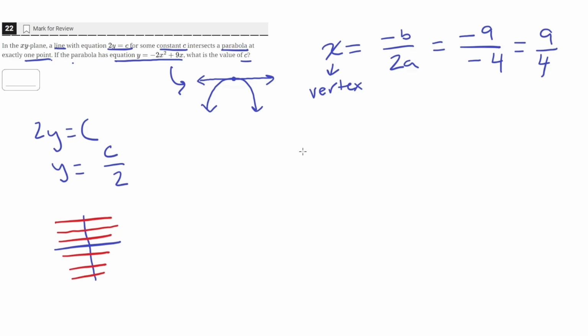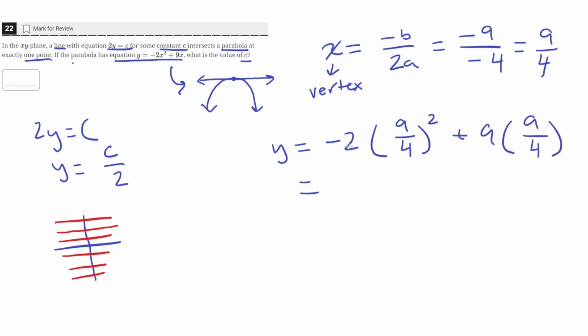And we can find the y value at the point that they intersect by plugging this into this equation. So the y value when x equals 9 over 4, we can find using the equation of the parabola. So negative 2 times 9 over 4 whole squared, plus 81 over 4.